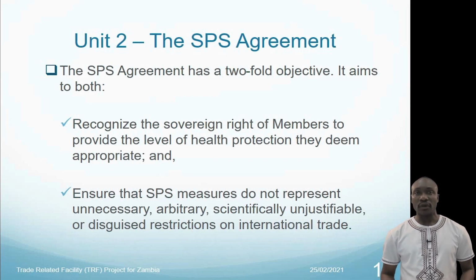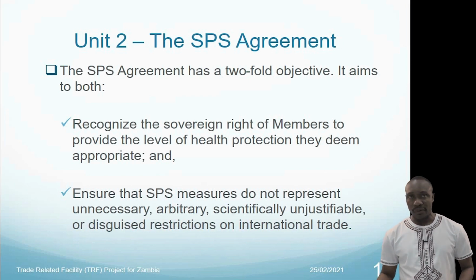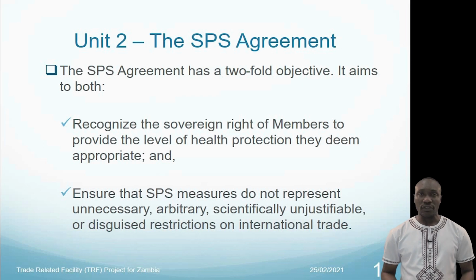So maybe you have to compete with the volumes that country B will produce, and so you try and chip in some scientific restriction, and yet that scientific restriction is not recognized by the international scientific community.